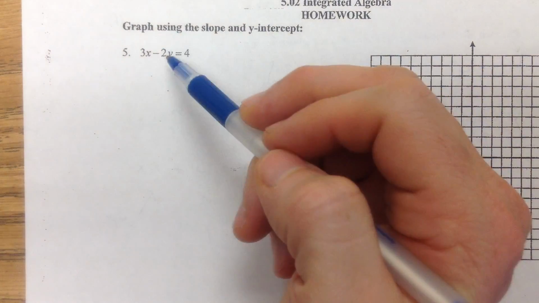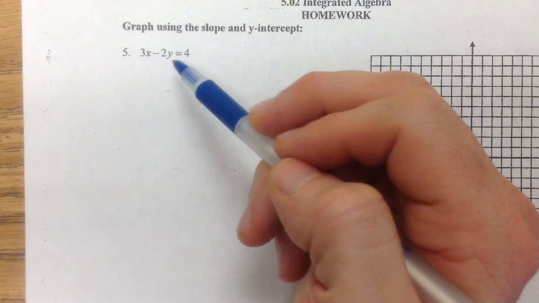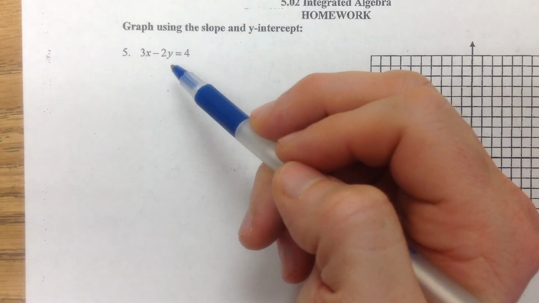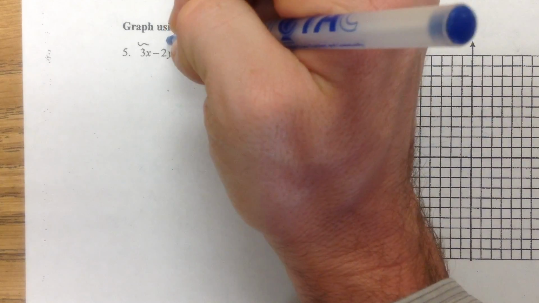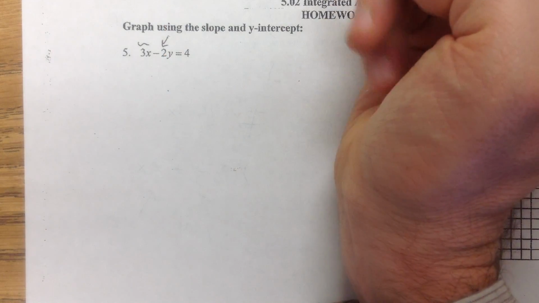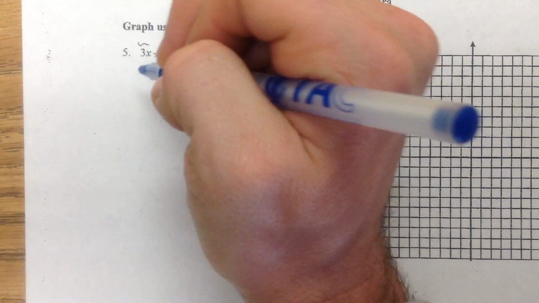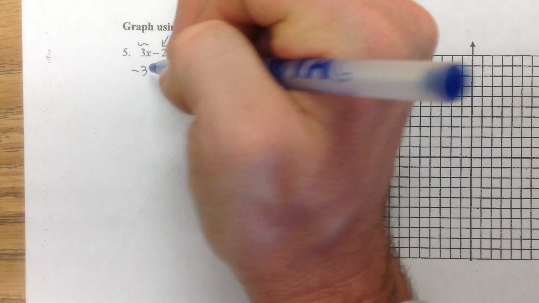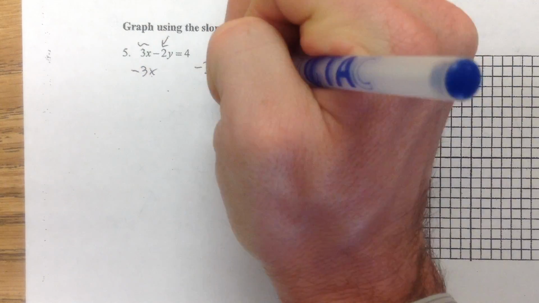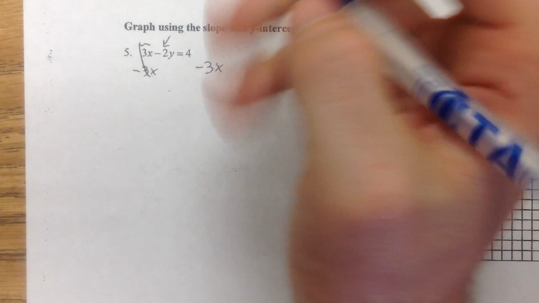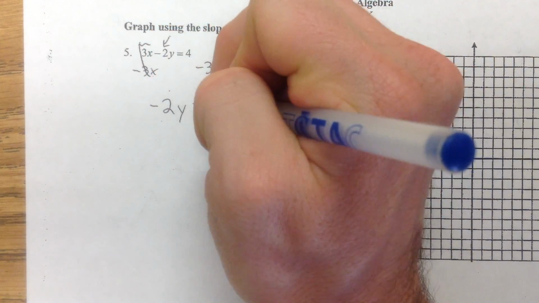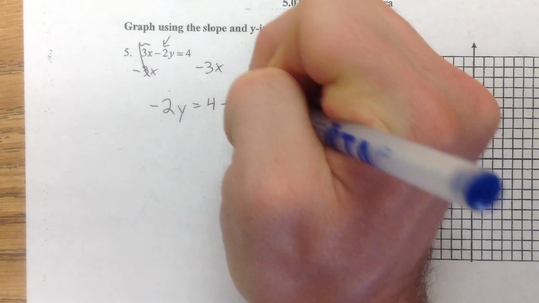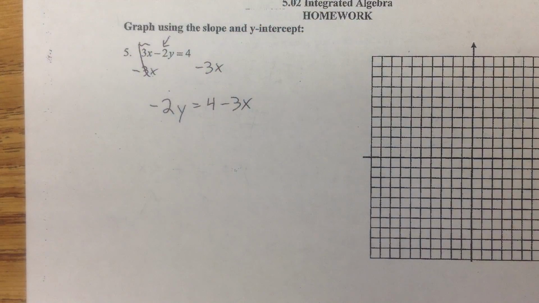Okay, so regardless of what method we use, the first thing we need to do is get the y by itself. So in our case, that's going to mean getting rid of the 3x and getting rid of this negative 2 here. To get rid of the 3x, I'm going to start by subtracting 3x from both sides. These will cancel out. I'm left with negative 2y equals 4 minus 3x.